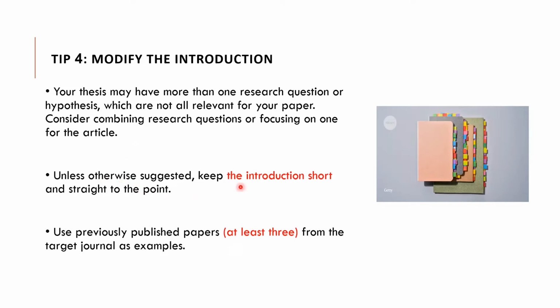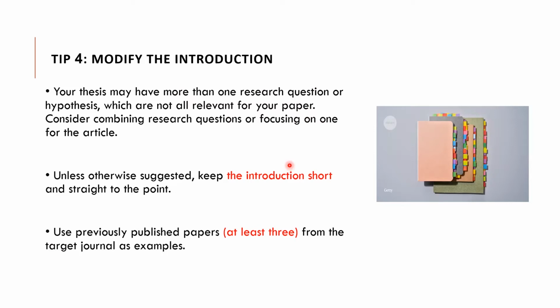So as much as you can, as I said, make the introduction short and use previously published papers, at least 3 from the target journal, as examples. This is also a very good way you need to follow. When you try to find a journal and find the paper, you need to go to the issues and find the latest papers published, and you need to find a similar paper like yours that has been published in this journal.